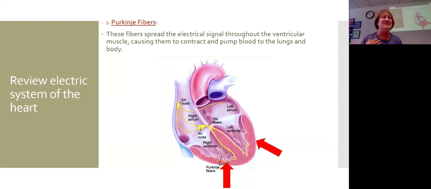Okay, just a little side note there. There's two electrical systems, actually, the brain and the heart. The heart is its own electrical system through the SA node.